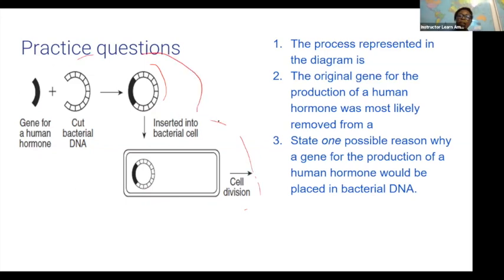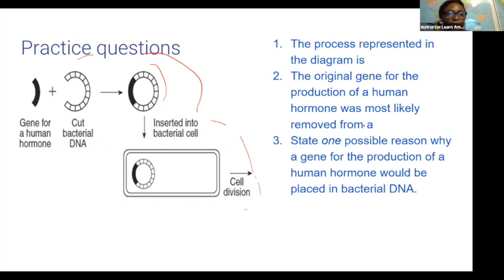And that was genetic engineering. The original gene for the production of the human hormone was most likely removed from, where did it come from? It came from the human, the donor, for this genetic information. That one was so simple that it had me thinking twice. But yeah, it came from the human.